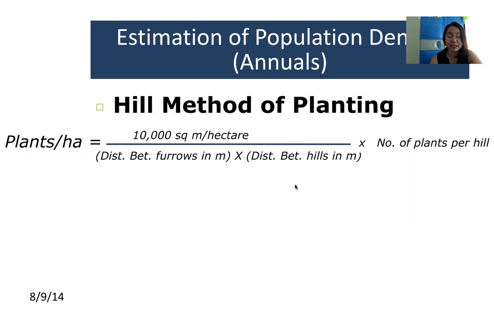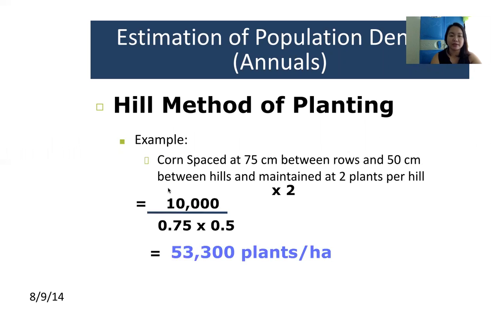So when you say 10 by 20 centimeters, that's 10 times 20, and you divide it, times the number of plants per hill. Let's say you will plant 3 or 5 tillers per hill. That's how you compute the plants per hectare for the hill method.